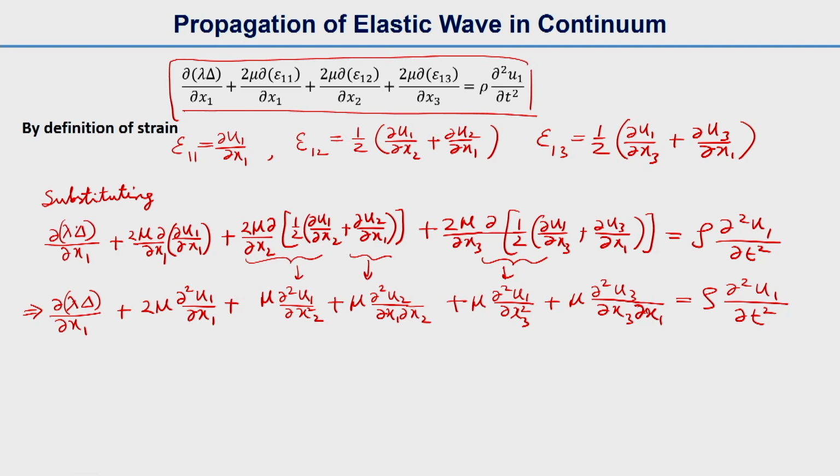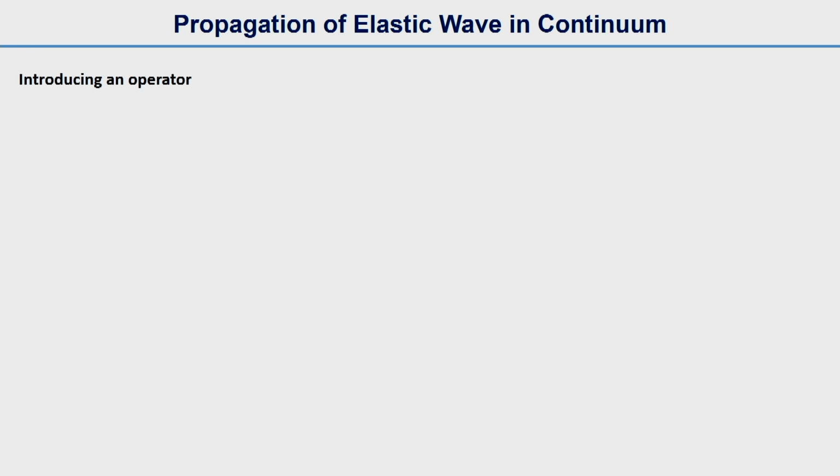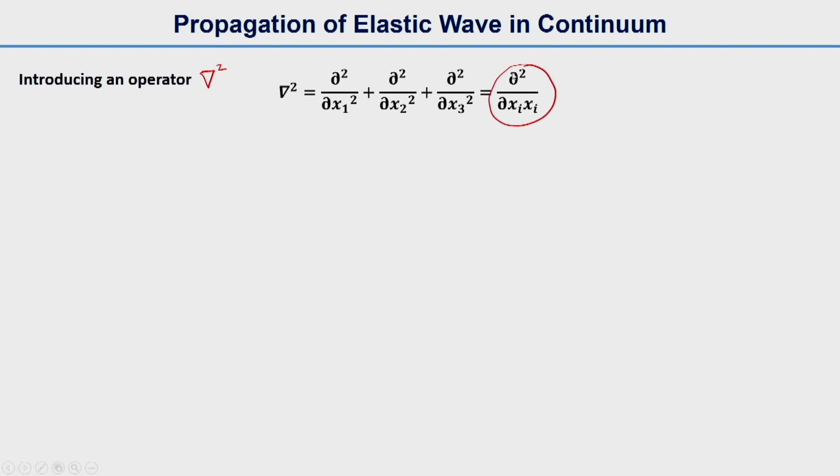So now we will be using an operator, nabla squared. This is the operator, and this is with indicial notation. We will not discuss it much, but in this indicial notation, if you see, there are two i's here, which shows that summation is implied.